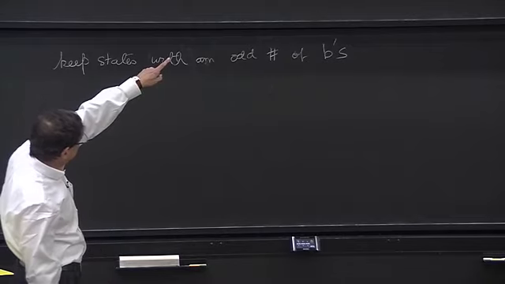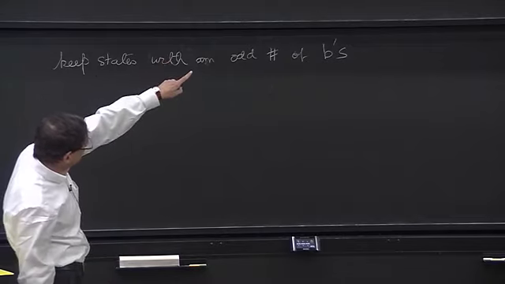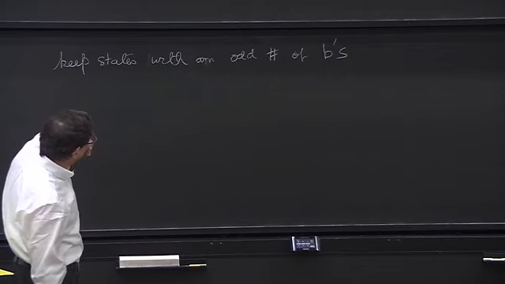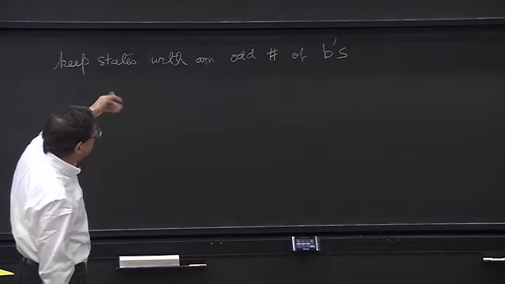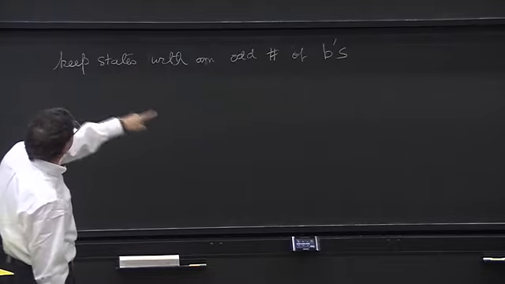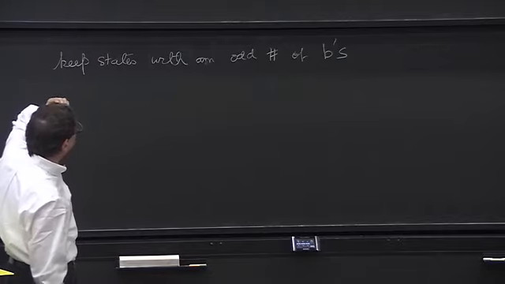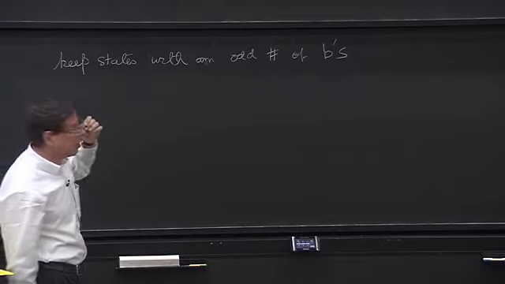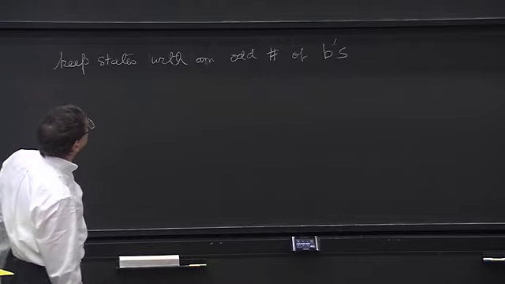The 8 states up there have 1 b. The 128 states in there have either 3 b's or 1 b. And you know, the odd numbers of b's, because the mass is shifted by 1/2, represents integer values of alpha prime m squared. So we want to keep things with an odd number of b's.